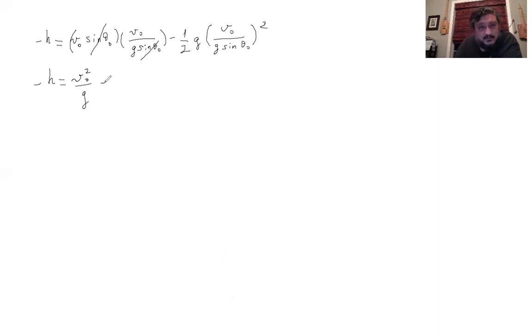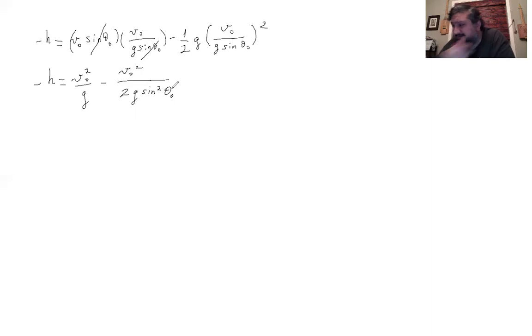And the second term, okay, there's g here. You can have g squared in the denominator, right? So the only thing left in the numerator is v naught squared. That divided by 2 g sine squared theta naught. Okay, so we're getting there.